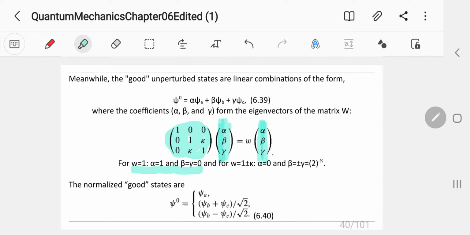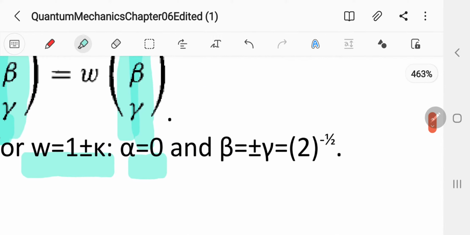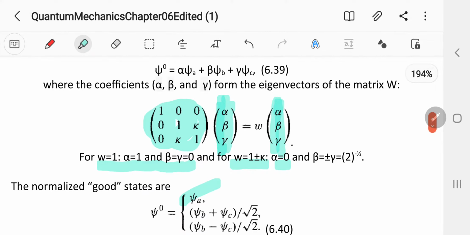So you will have this good normalized state. And for W equals 1 plus or minus kappa, you will have alpha equals 0, but beta is just equal to plus or minus gamma, which is just equal to 1 over the square root of 2.